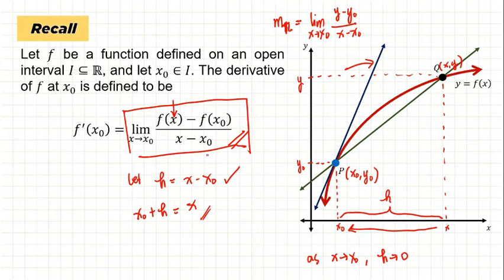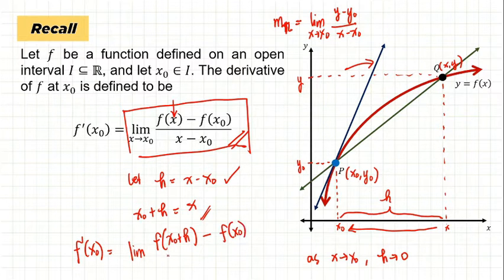So our derivative will become f prime of x sub o equal to the limit of f of x, where x now is equal to x sub o plus h, minus f of x sub o all over h. And once again, our variable is h.